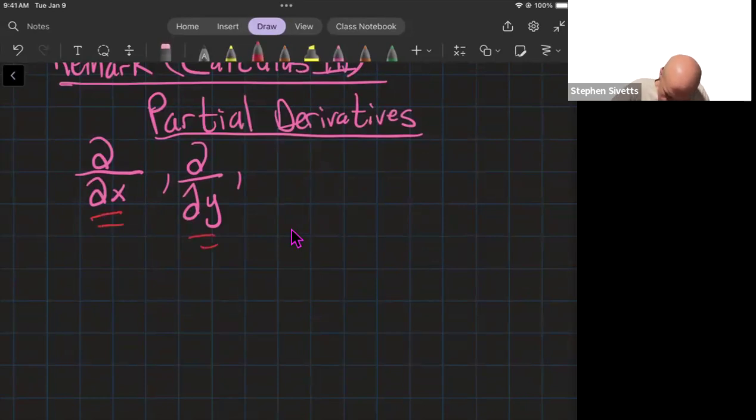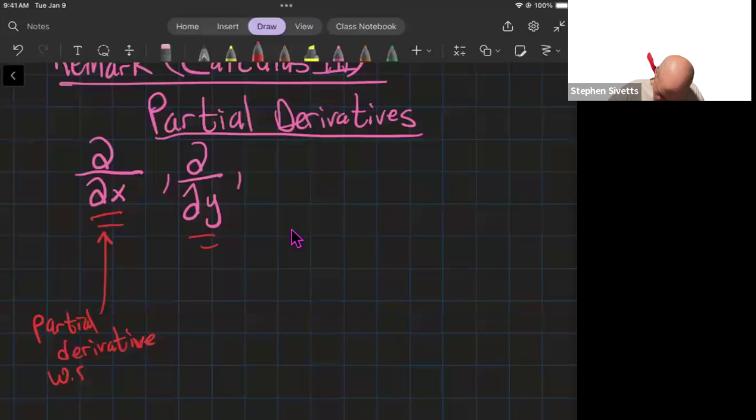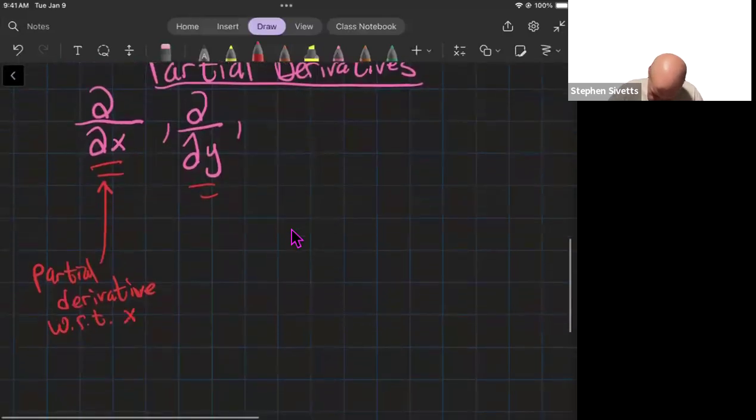So what this means is you're going to take the partial derivative with respect to x, where WRT means with respect to.